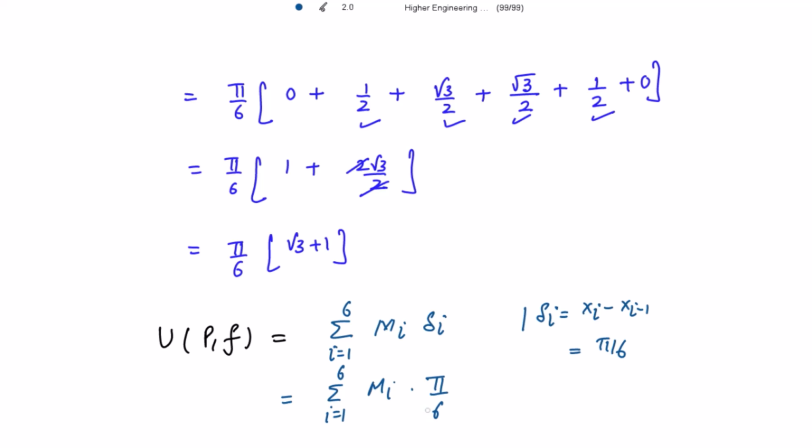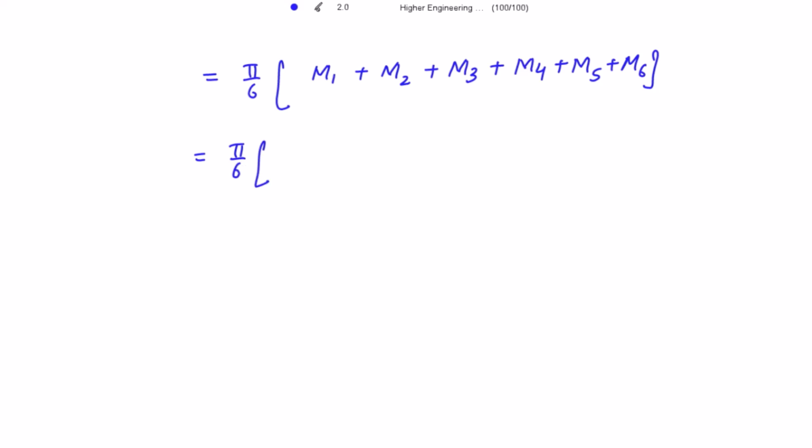So let's take this pi by 6 outside. So this is pi by 6 into the sum of all these capital Mi's. Capital M1 is 1/2, then square root 3 by 2, then 1, then 1, then square root 3 by 2, plus 1/2.